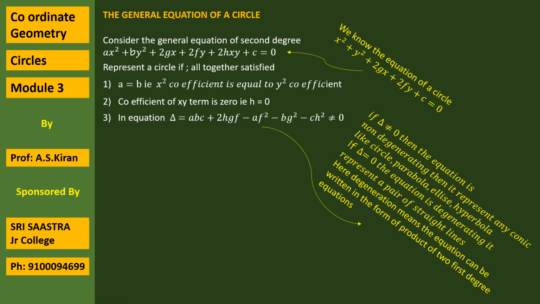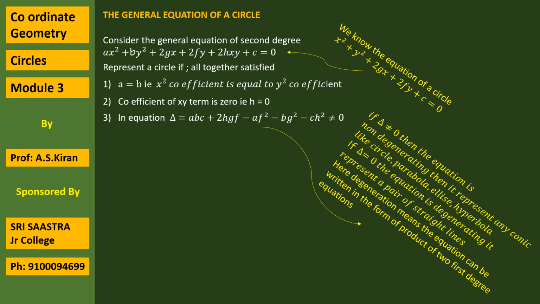Then it represents any conic like circle, parabola, ellipse, hyperbola. In particular, it represents a circle if it satisfies the remaining three conditions also apart from it.